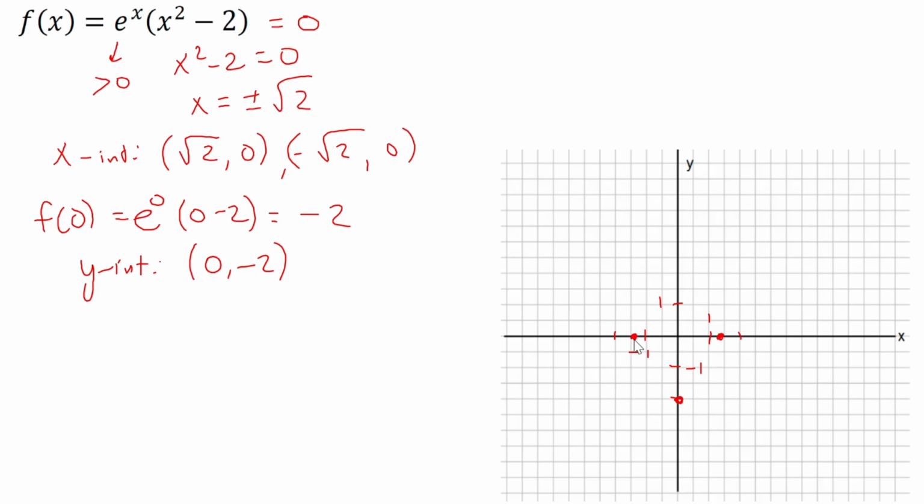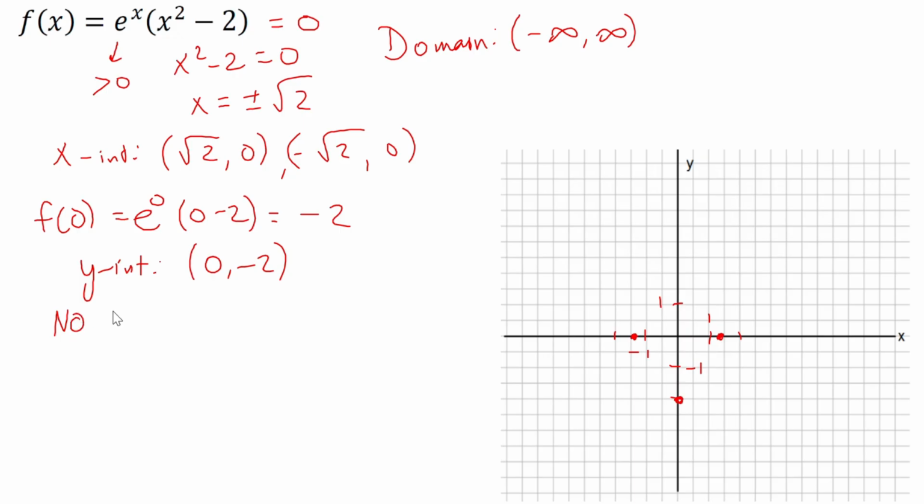If you think about the domain of this function, well, this function can be evaluated at all real numbers. So our domain is going to be negative infinity to infinity. There's nothing that causes a discontinuity here. We'll deal with the range later once we find maxima and minima and all that stuff. We do need to do asymptotes. There's not going to be any vertical or slant asymptotes, right?